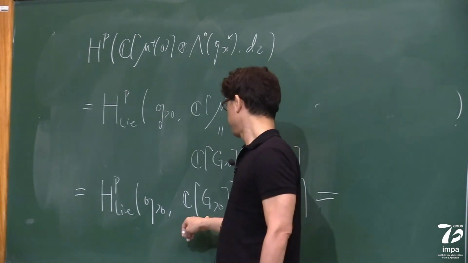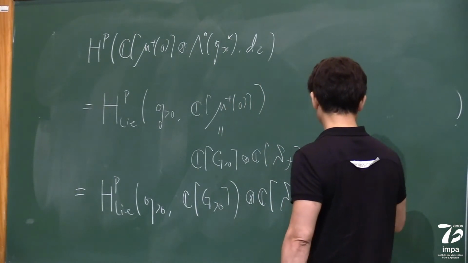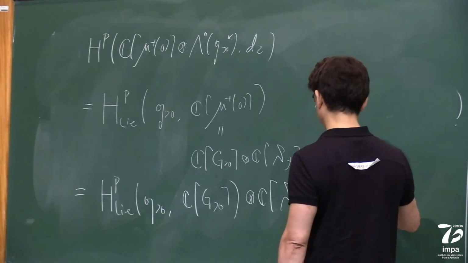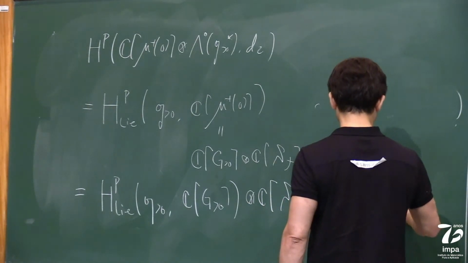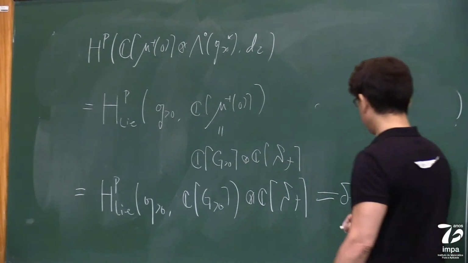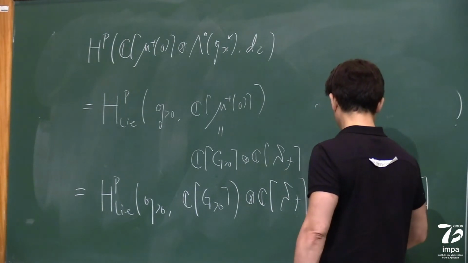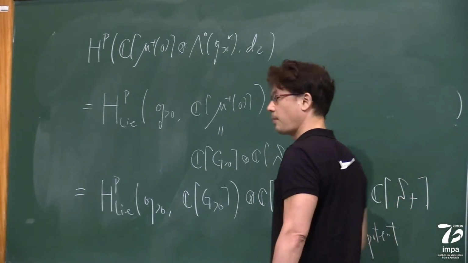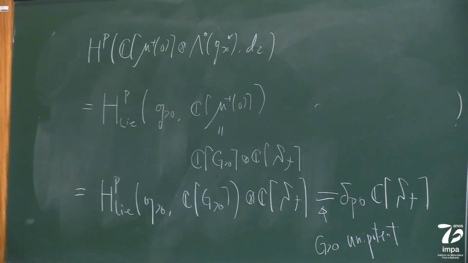And because G positive is affine, we have also a vanishing of cohomology. And we get just function on the Slodowy slice. Here I use the fact that G positive is unipotent. Algebraic de Rham cohomology of G positive.